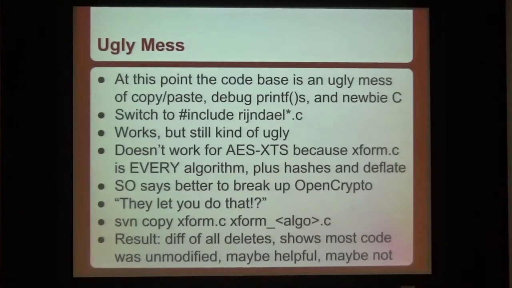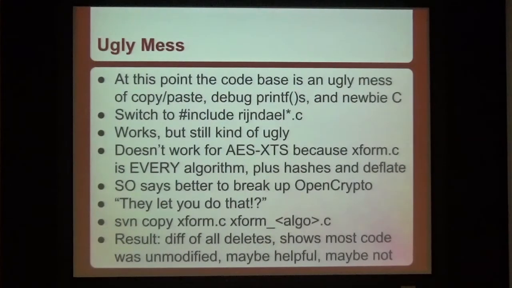And so I went through there and broke up the OpenCrypto framework into a separate file for each different algorithm. I had the bright idea of using svn copy from xform.c to xform_algorithm.c for each of the 8 or so algorithms, then just deleting the algorithms that didn't match for each file.